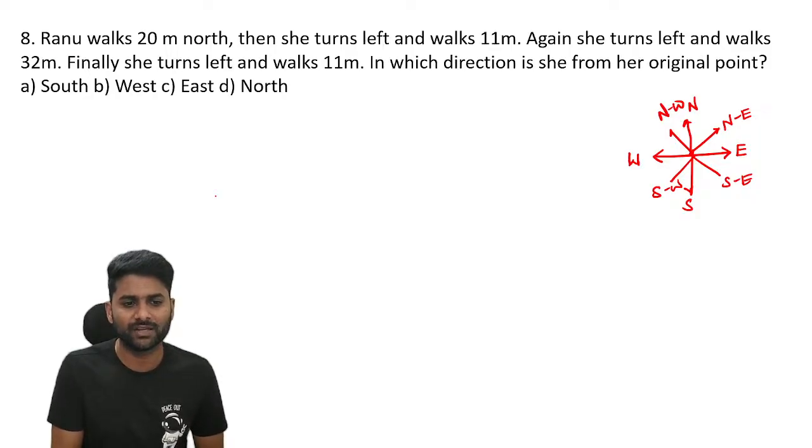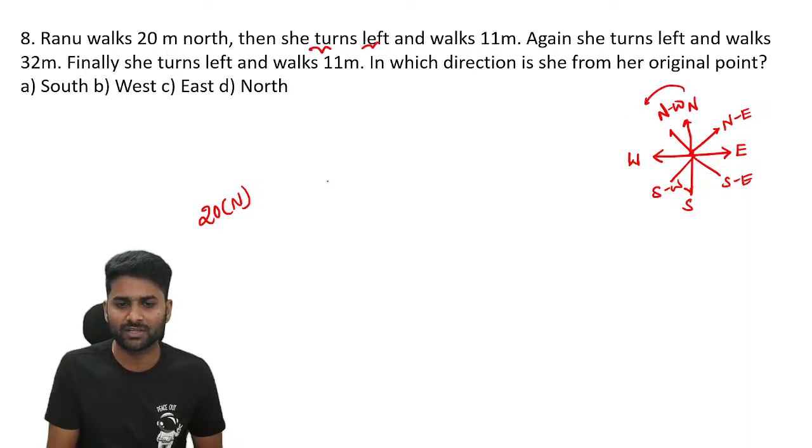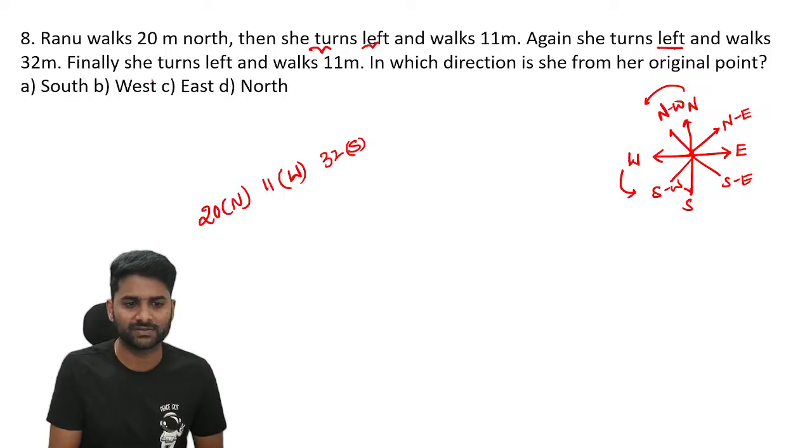Ranu walks 20 meters north and turns left. Left side of north is west and she covered only 11 meters. Again she turns left. Left side of west is south and walks 32 meters. And finally she turns left, so left side of south is east and covered 11 meters.